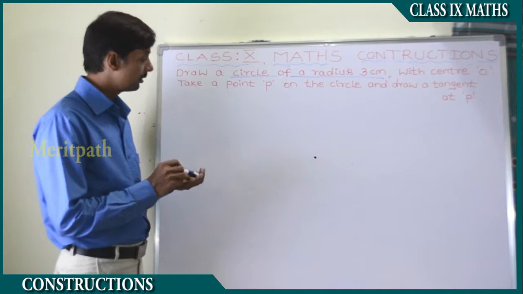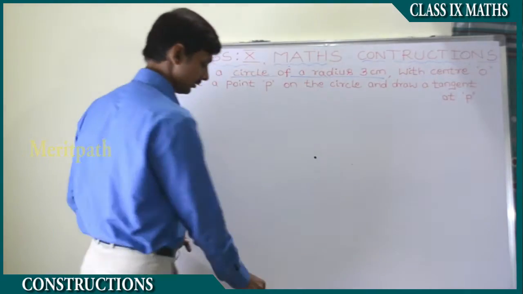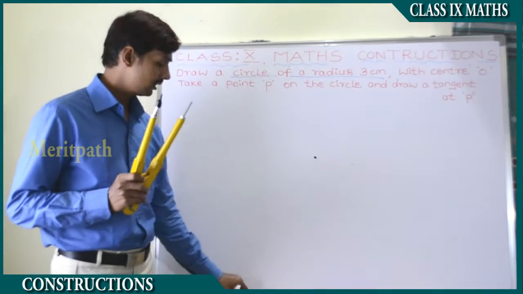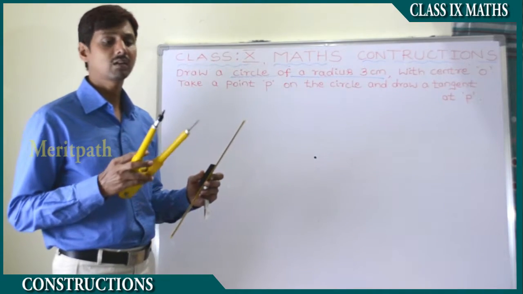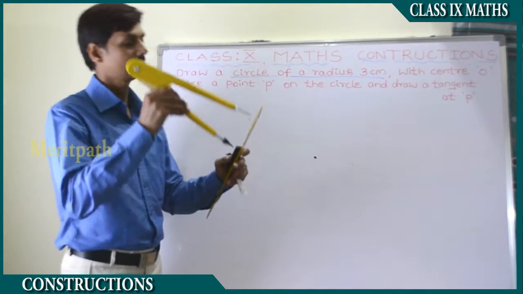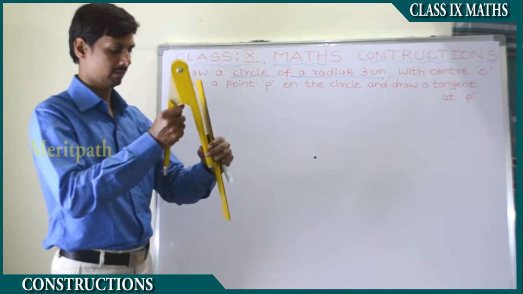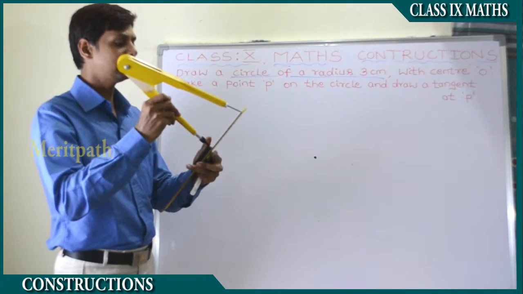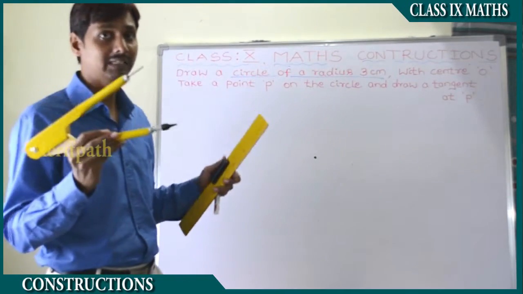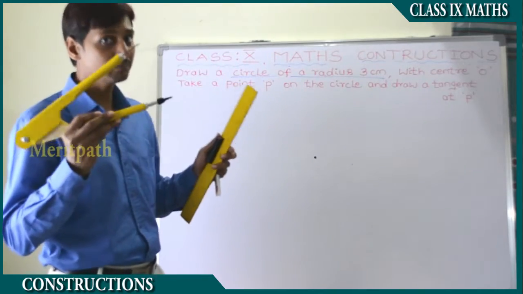Let's draw a circle of radius 3 centimeters. Use the compass to draw a circle. Let's take 3 centimeters on the compass using the ruler. For example, approximately to understand easily, we have taken these measurements as 3 centimeters.